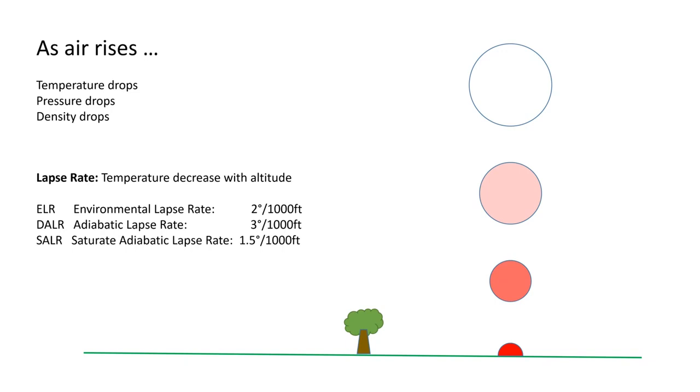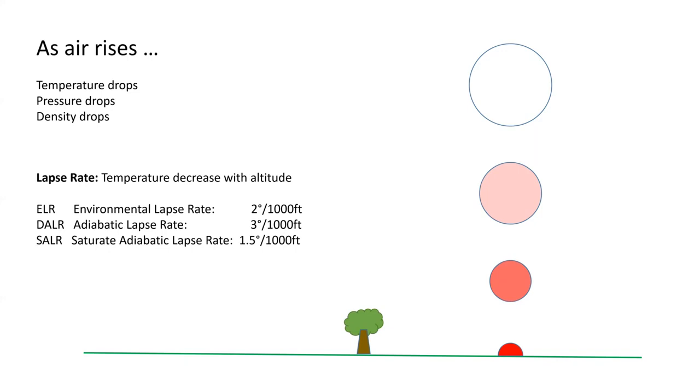So heat causes air to rise. As that air rises, temperature drops, the surrounding pressure drops, and therefore the density drops. So that parcel of air actually gets bigger, but it also gets cooler. And that gives us several downstream effects.